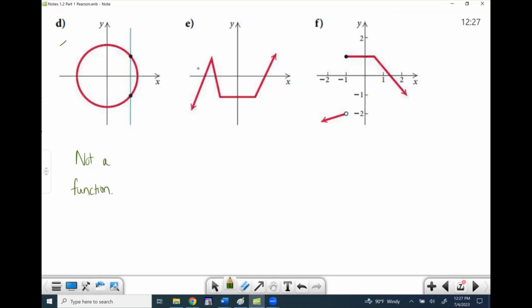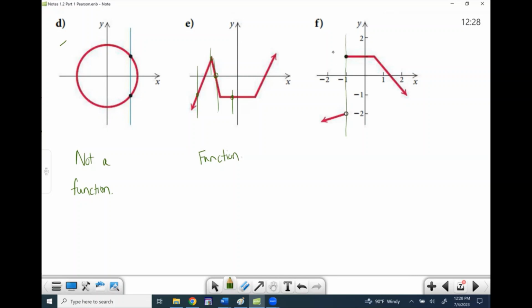On this one here, no matter where we draw it, a vertical line is just going to touch one time. So this is a function. And this one's tricky, so let's go to the tricky spot, right here. It is a function because technically that line only touched once.